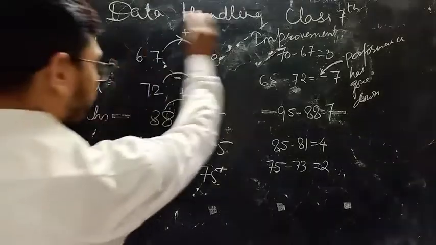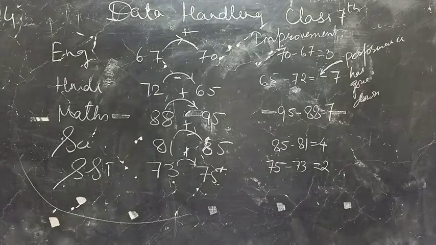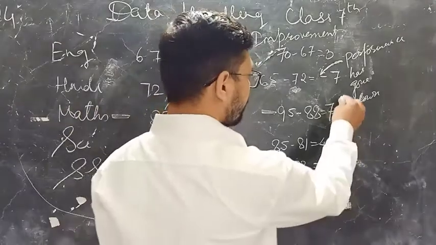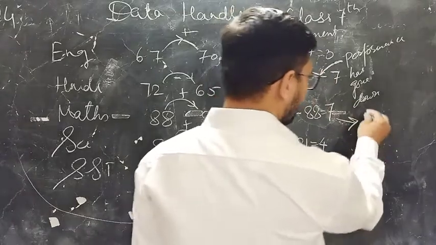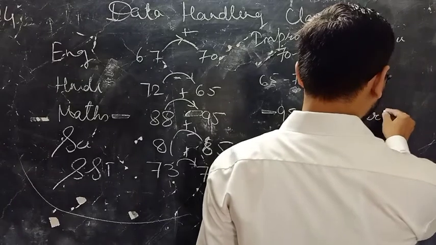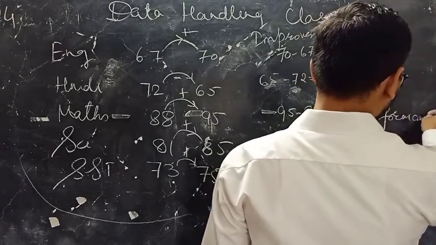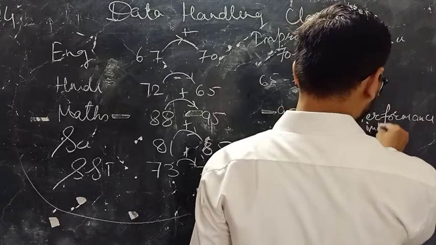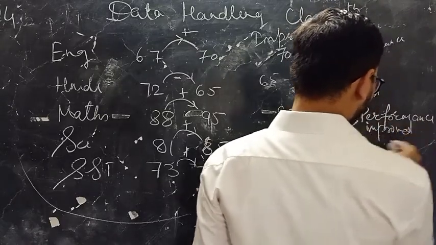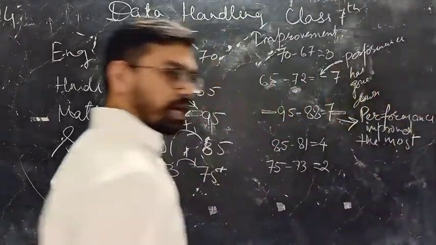Now on the given data, the first question is, in which subject has the child improved his performance the most? So you can say in maths performance improved the most, and the subject is maths.